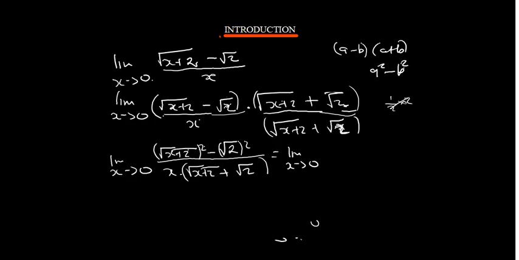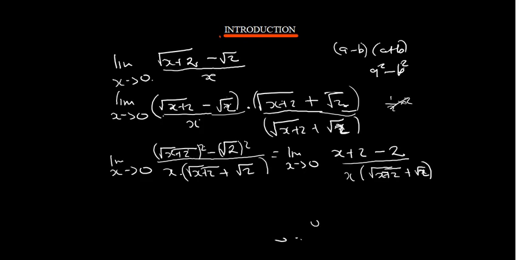So we have x plus 2 minus 2. I've made a mistake, that's 2, okay, minus 2 in the root, you cancel the root, so to give you 2 over x times the bracket root of x plus 2 plus root 2 like that inside.